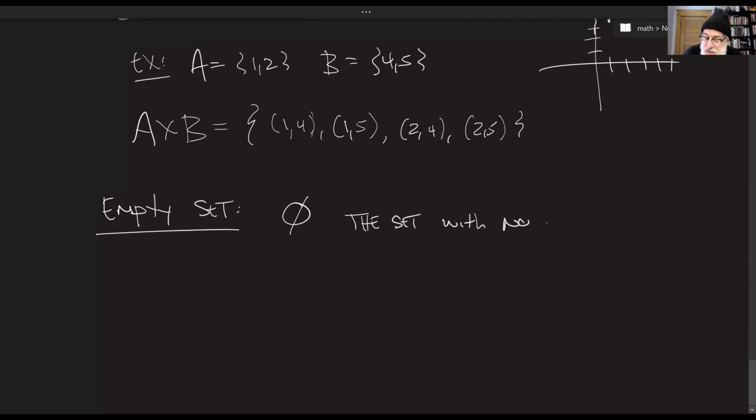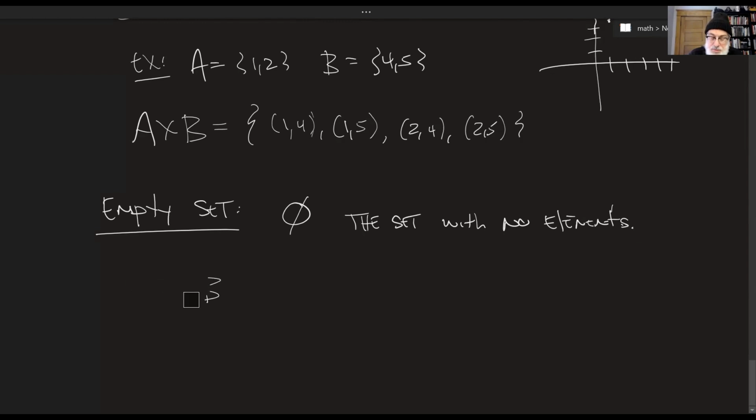There is nothing in the empty set, hence it's named the empty set. No elements in here. Now, an interesting fact about the empty set is the empty set is a subset of every single set. This is vacuously true because remember the definition of a subset means that all elements in A are also in B. That's the definition we have of a subset.